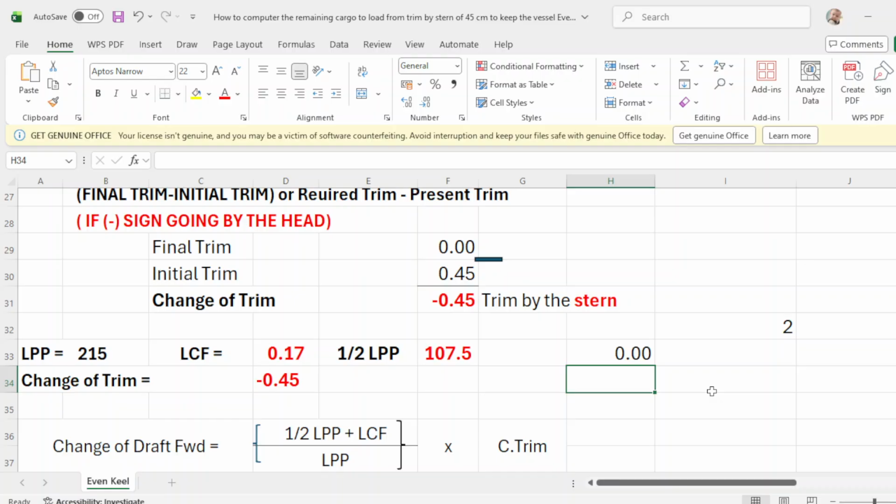Okay, I don't know why it doesn't answer this one correctly, but one half of 215 is 107.5, and your change of trim is negative 45.